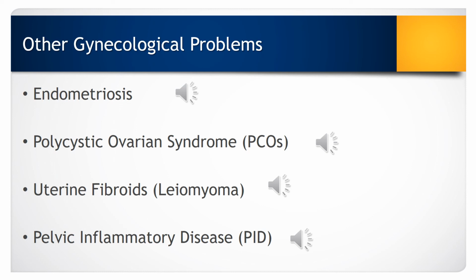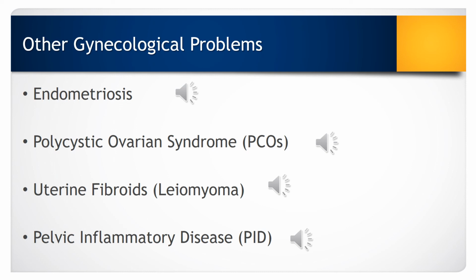Pelvic inflammatory disease, or PID, as it's more commonly known, is an infection of the upper genital tract. So fallopian tubes, uterus, and ovaries can all be affected. And it's important to note that any type of infection to the upper genital tract, and particularly fallopian tubes, can have a significant impact on fertility.